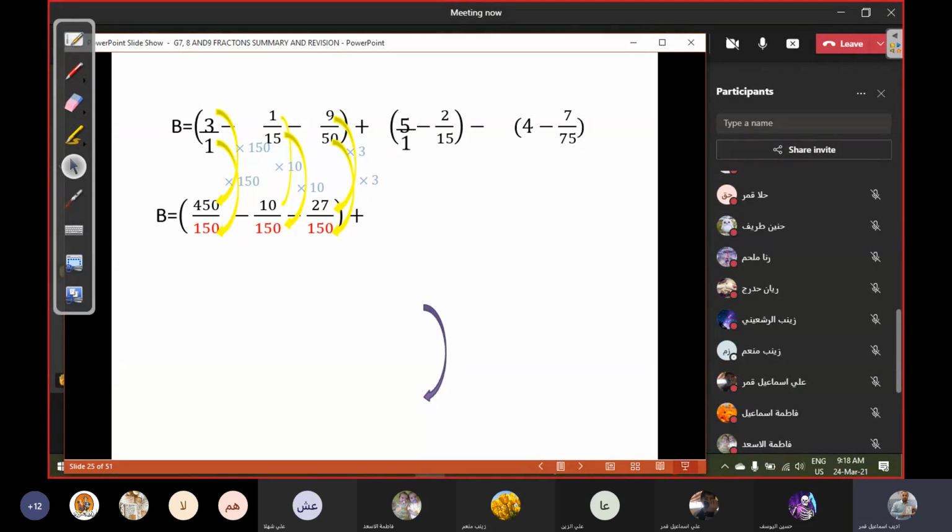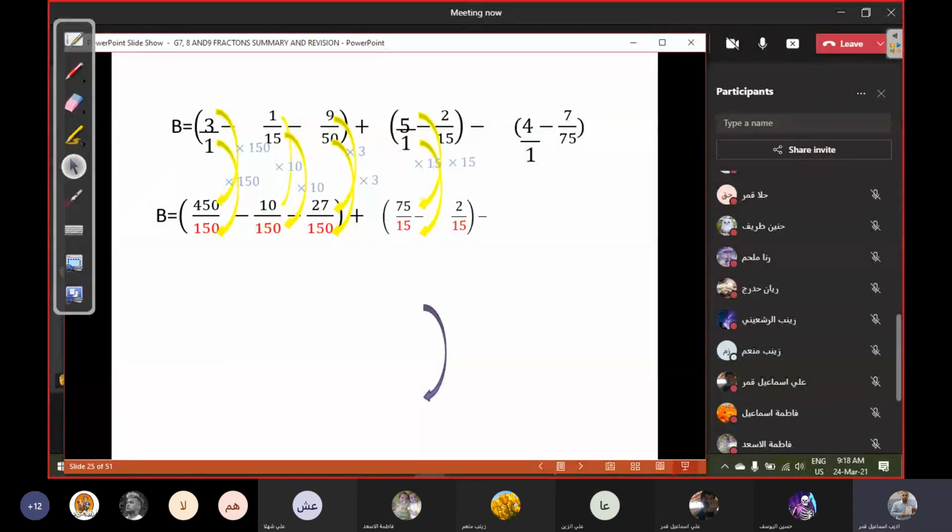For this second one to have a common denominator, we multiply the first fraction's numerator and denominator by 15. We multiply top by 15 and bottom, and we get 75 over 15 minus 2 over 15 minus the third one, put 4 over 1. To get a common denominator I need to multiply by 75, top and bottom.